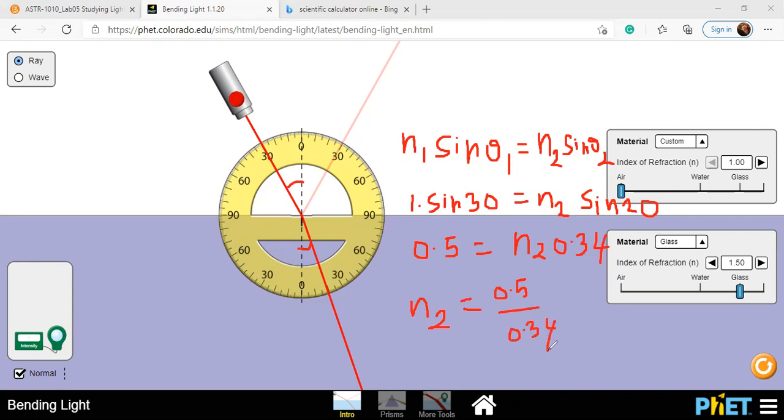Let me calculate this one. 0.5 divided by 0.34 gives you 1.47, right? It is very closer, 1.47. Look at here. It is very closer to this one.